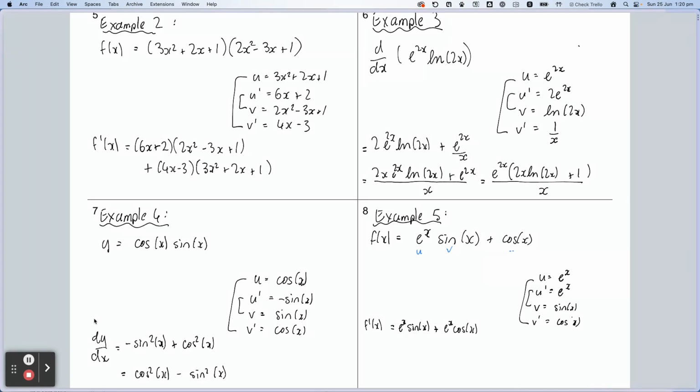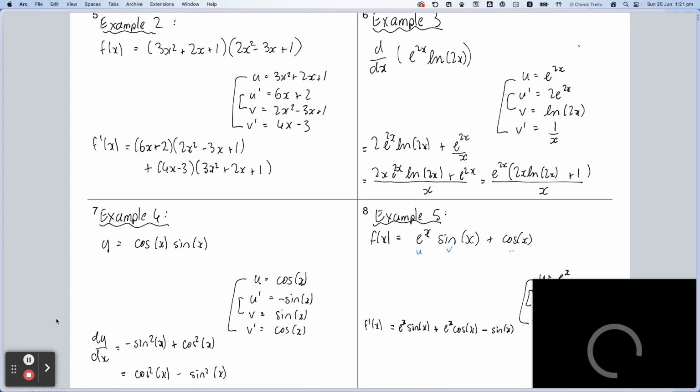And the derivative of plus cos of x would be minus sine of x, like so. So that would be basically it. I guess you could technically maybe factorize out the e to the x for these two, or factorize out the sine of x for these two. I can't really see anything that would allow factorization to occur any more simply.